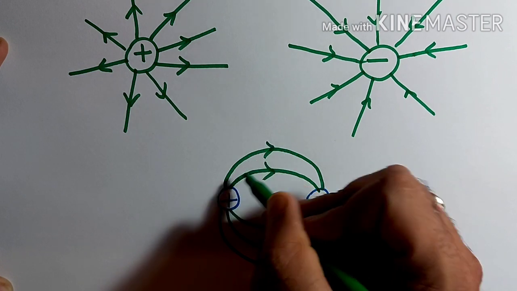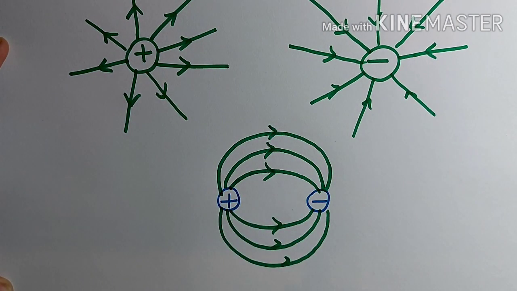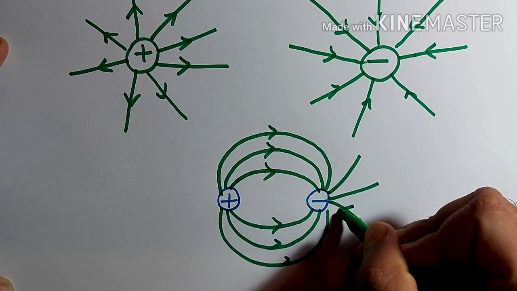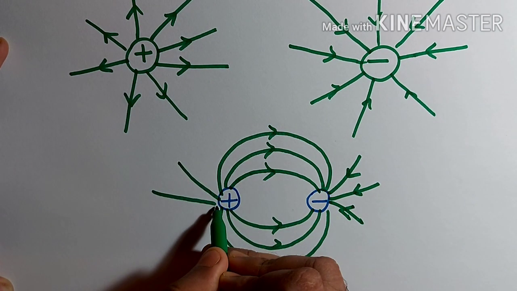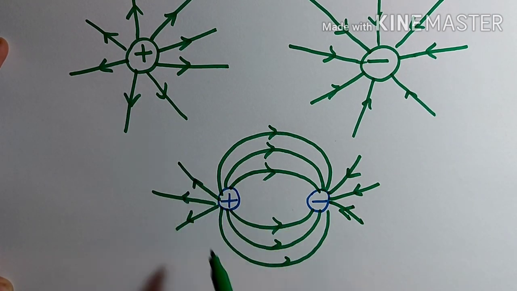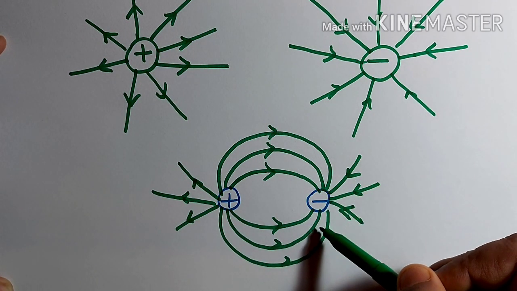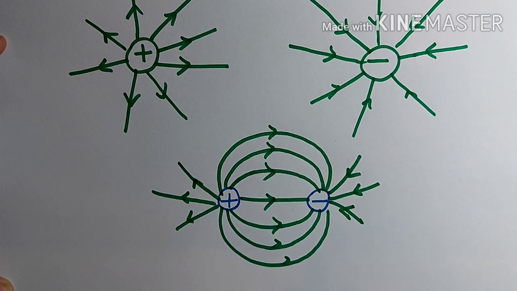Always remember, these electric field lines never intersect each other. Clear? Always note it down that no two field lines ever intersect. Okay? This is for a dipole.